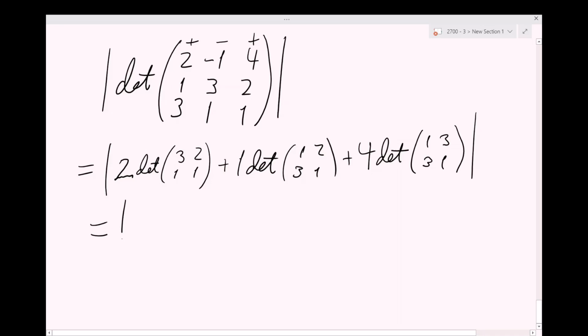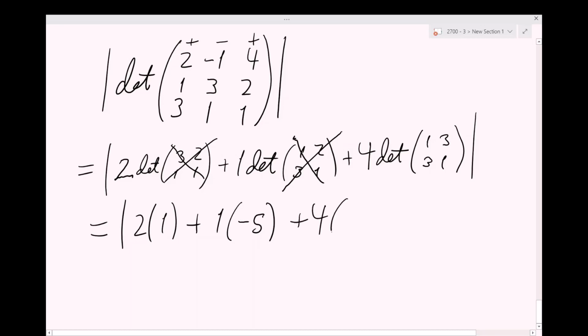And so we've got the absolute value of 2 times 3 minus 2, plus 1 times the determinant of this matrix, which gives me 1 minus 6, so negative 5. And then plus 4 times the determinant of this matrix, which gives me 1 minus 9, which is negative 8.